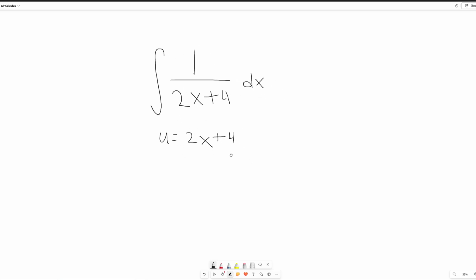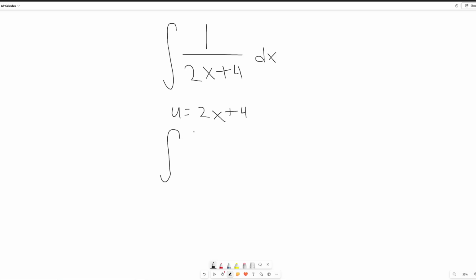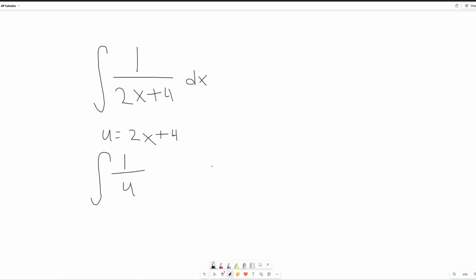Right. Now, if you can't integrate something like u with respect to x, this doesn't make any sense. So how do we change dx into du? Well, if you have u and you take the derivative of it, du over dx is going to equal 2, because we have 2x. 2x plus 4, the derivative of 2x plus 4 equals 2.